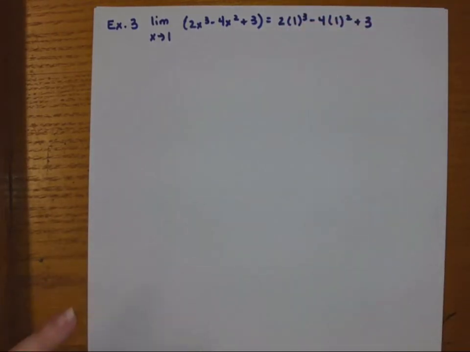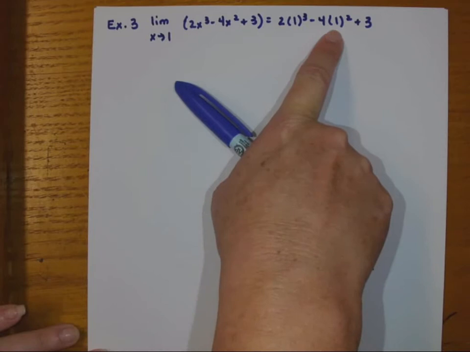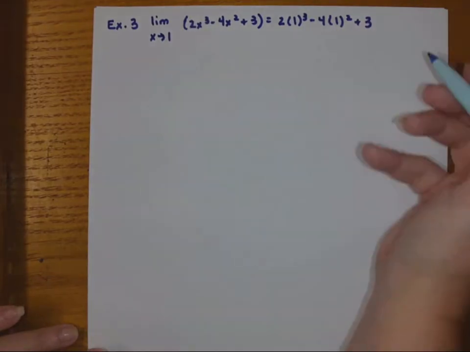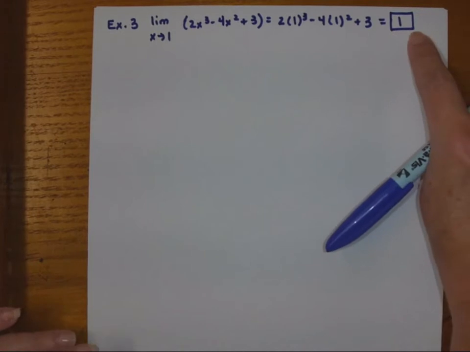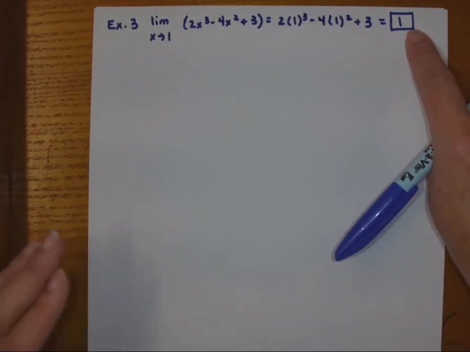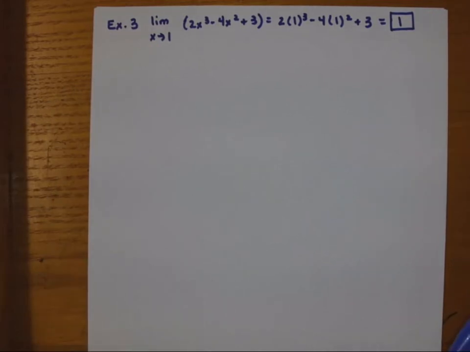And we can use a calculator, although I don't really think we need it for this one since 1 is fairly easy to plug in. 2 minus 4 is negative 2, and then plus 3 would be 1. Notice this is the y value when x is 1. Okay? When x gets close to the value of 1, y also gets close to the value of 1.